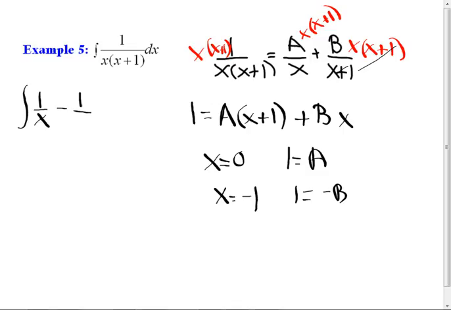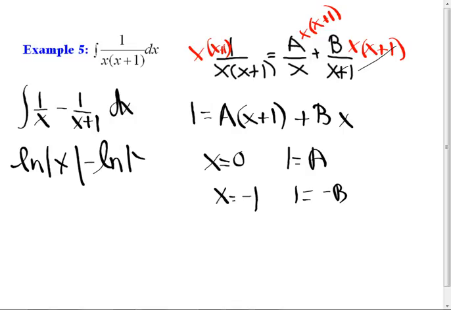Over 1 over x plus 1 dx. We're not done. How do you do that now? It's the natural log of the absolute value of x minus... So when I get these partial fractions, yes, but the problem is on the exam, it's not going to look like that.